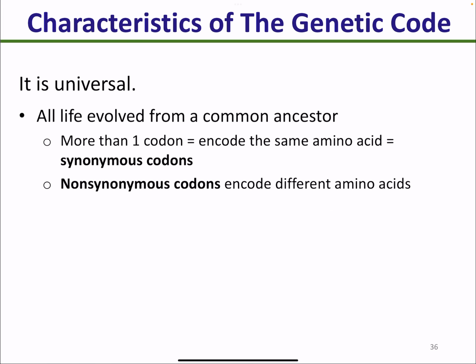So I was saying that the genetic code is universal, which means that all living things evolved from an original living thing. It is believed that the first form of life that developed on Earth was prokaryotic organisms. These prokaryotic organisms, bacteria for instance, read the genetic code the exact same way human cells do.